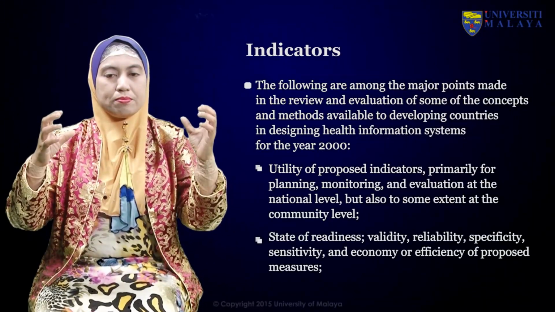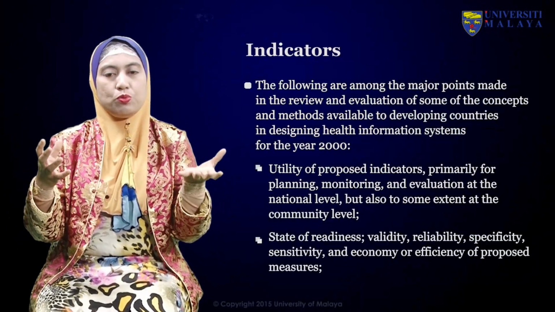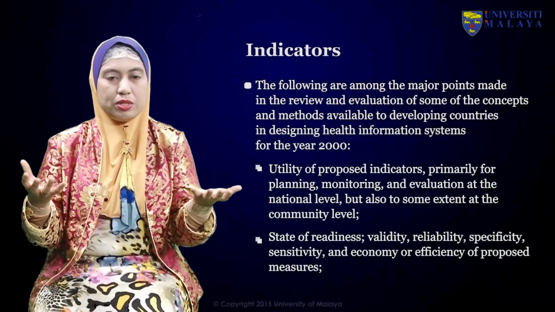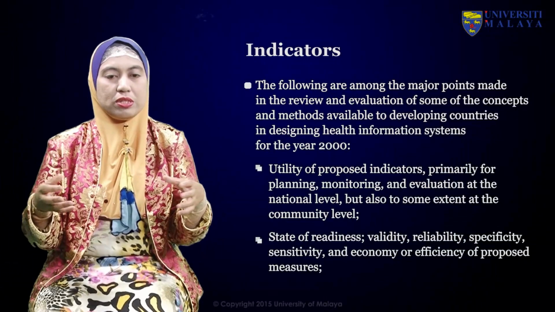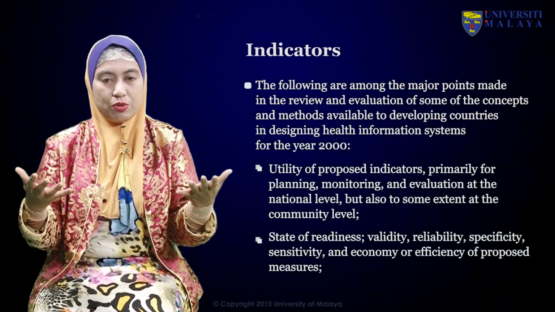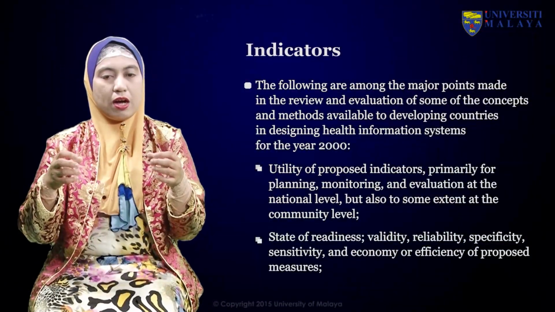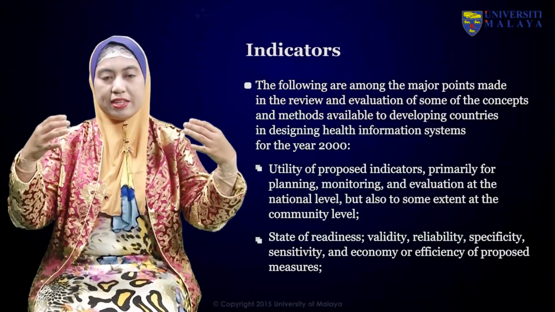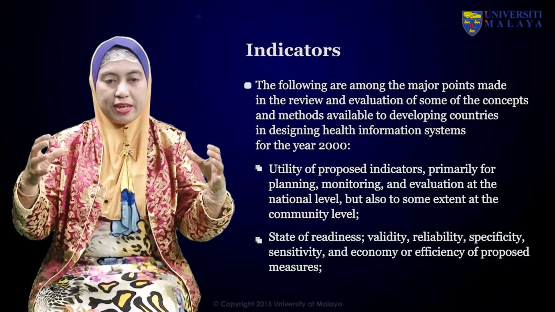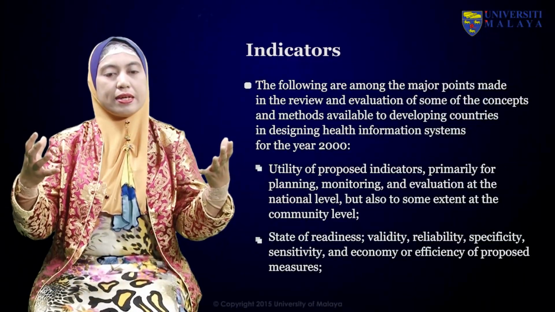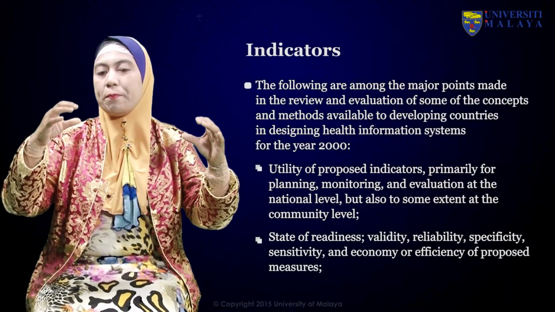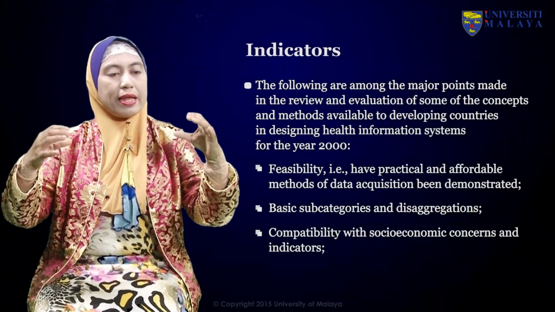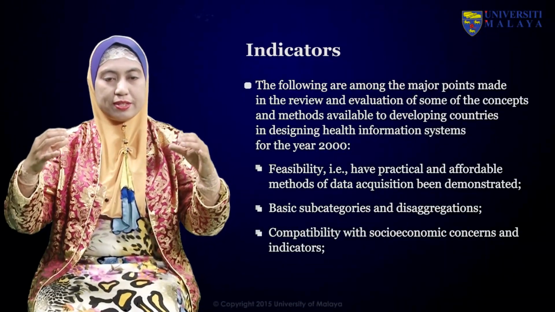So what are the major points on why we need indicators? First, we need to know about the utility of proposed indicators. We have to know how we want to plan, monitor, and evaluate at national level and state level. Second, we need indicators for basic subcategories, and we have to look at any disaggregations between those indicators.